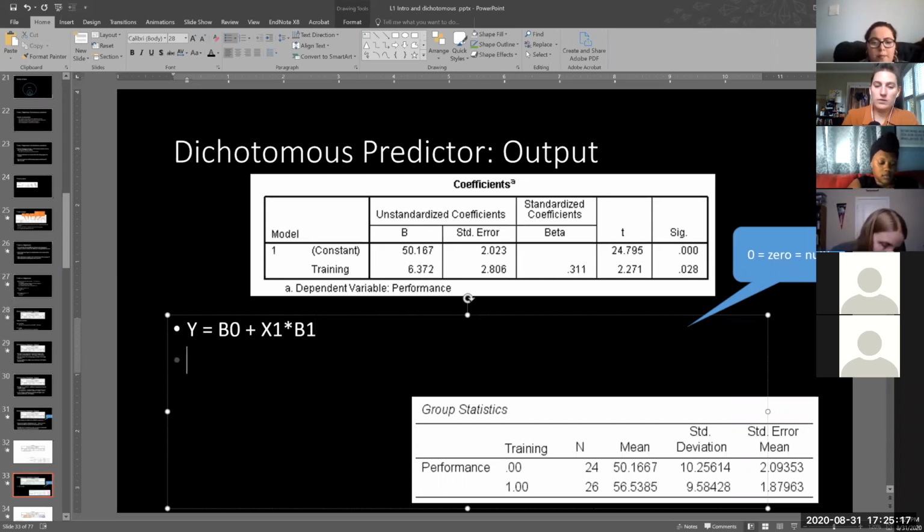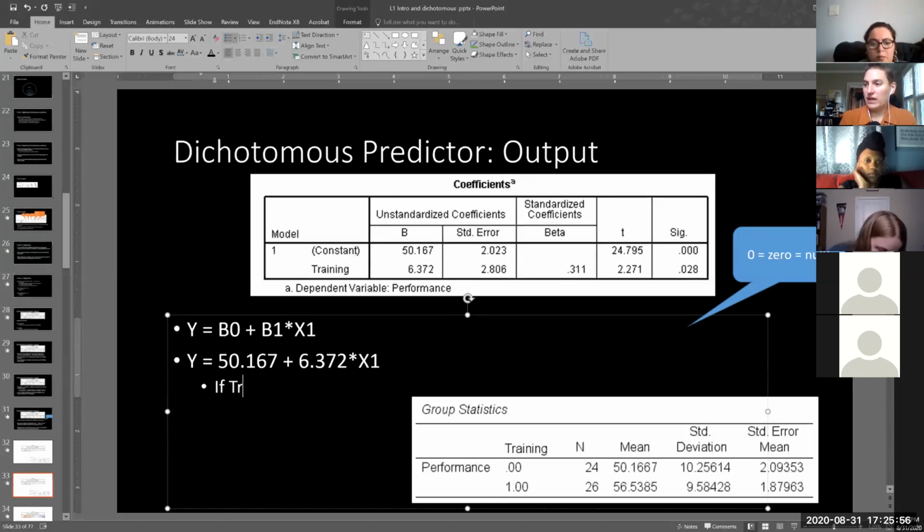So y equals b0, which in this case is 50.167, plus b1, which is 6.372, times x, or x1. I call it x1 because later on we can add lots more x's, but right now it's just 1.